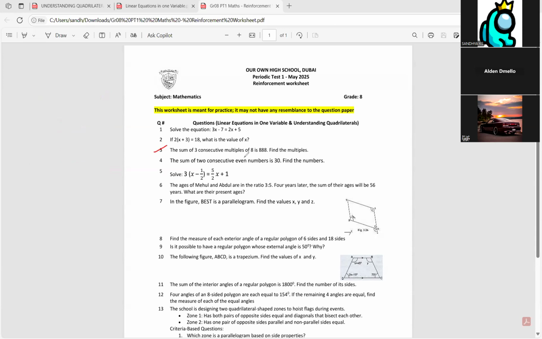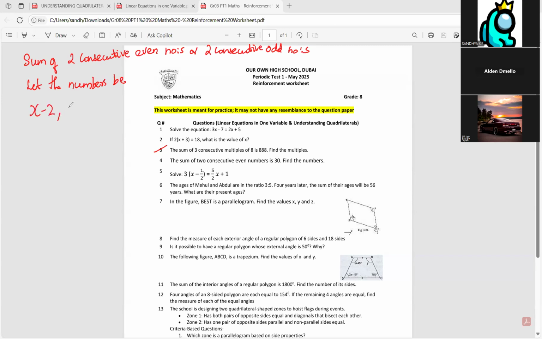Next question, sum of 3 consecutive multiples of 8, already we have done. Now, sum of 2 consecutive even numbers. In this case, I am telling one more thing. If the question is sum of 2 consecutive or 3 consecutive, whatever it is, 2 consecutive even numbers or 2 consecutive odd numbers, in both the cases, you need to take the numbers as x and x plus 2.